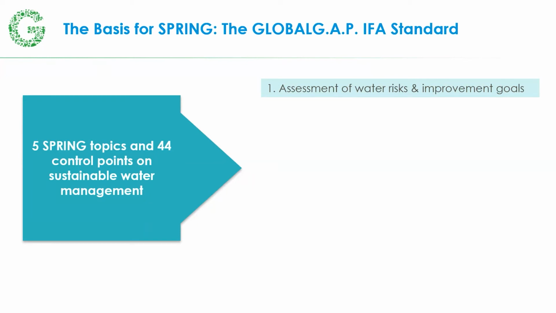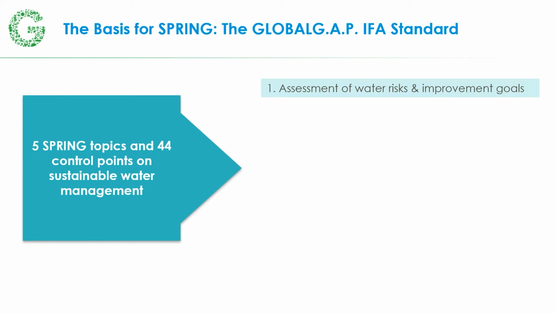Several times we receive the question, okay, how many goals are enough? And we have no requirement about how many goals. The requirement is, if you have a risk in your risk assessment or a risk in your stakeholder identification, you must consider setting up a goal related to improving the situation.